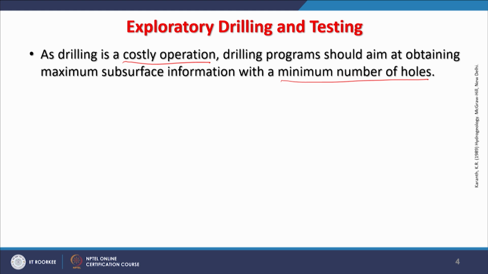You cannot have 10 boreholes in a small area. Since it is a costly operation, the site chosen for the first drill has to be very much explored by earlier methods, and then the maximum subsurface information should be obtained, because otherwise it will cost a lot.